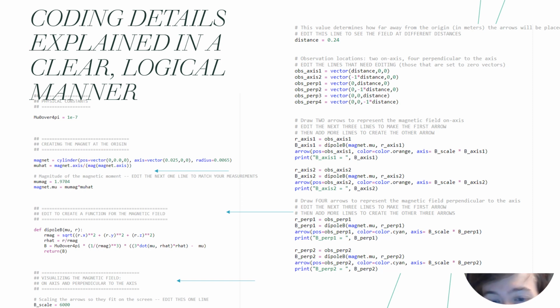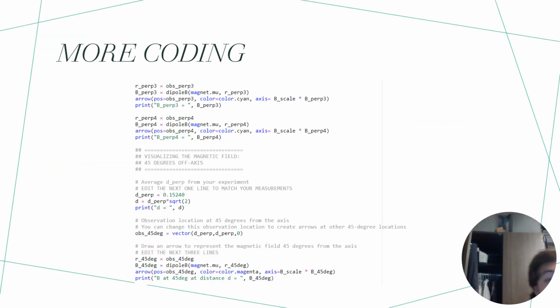We have other code that was given to us when we started. Towards the bottom right, we have arrows, a lot of arrows going on. More coding, seems we got more arrows. And then we do some calculations at the bottom. We're saying what to print, like the values of B and the distance and the total net magnetic field and stuff.